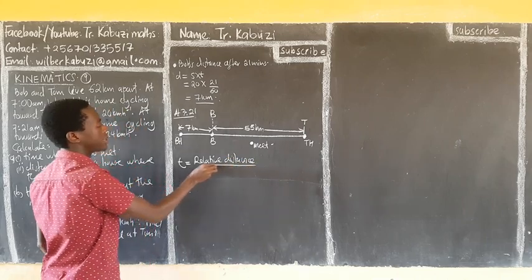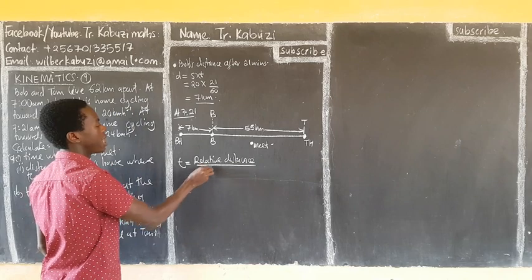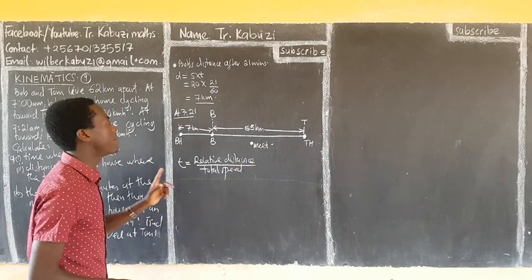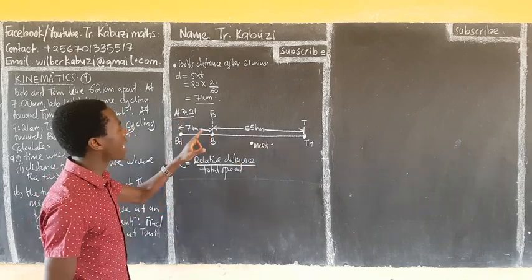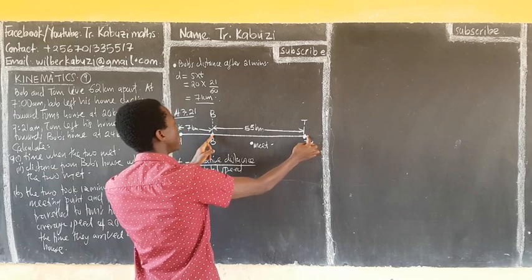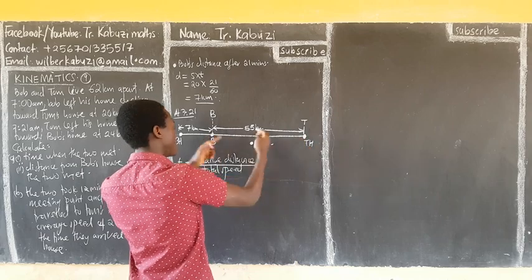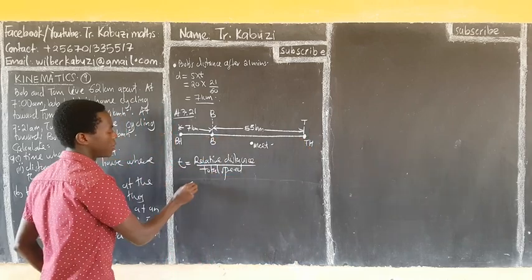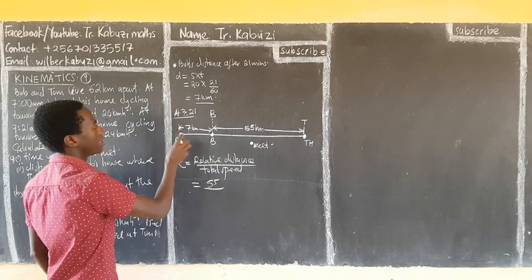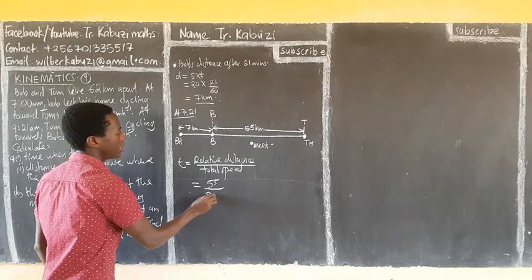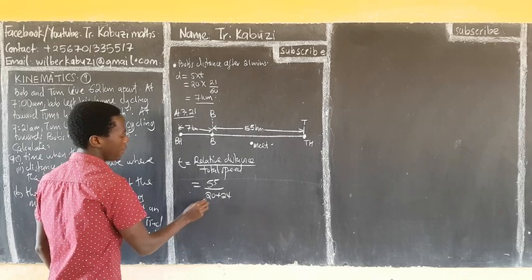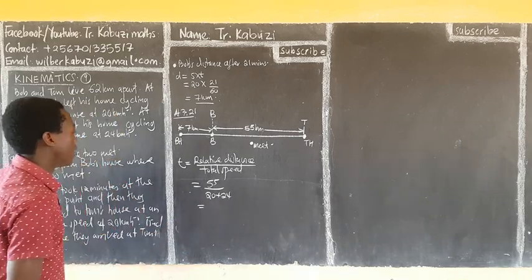Because they are coming from opposite sides, we get their total speed. The distance between them when both are moving is 55, over the speeds, 20 for one and 24 for the other.